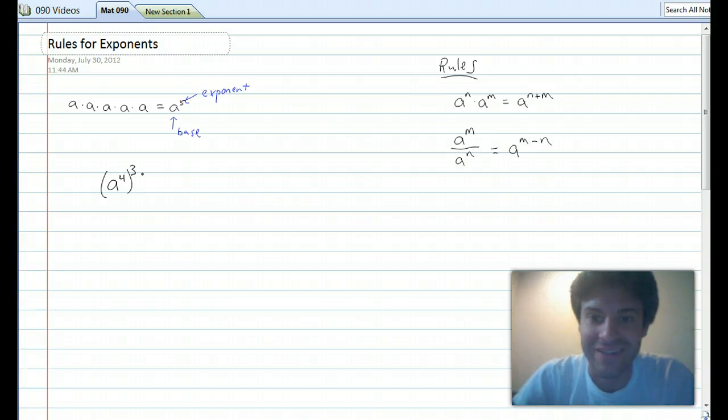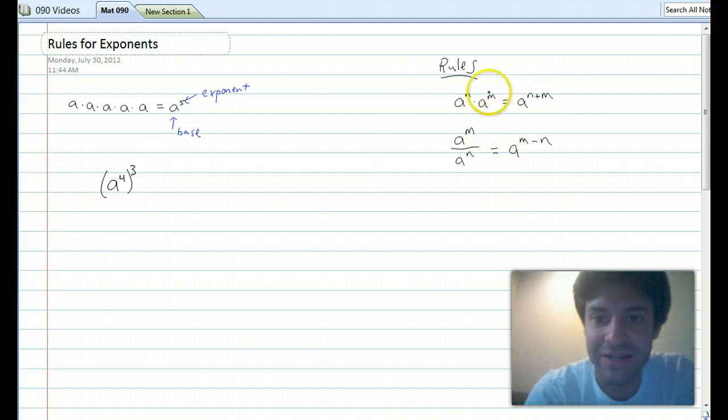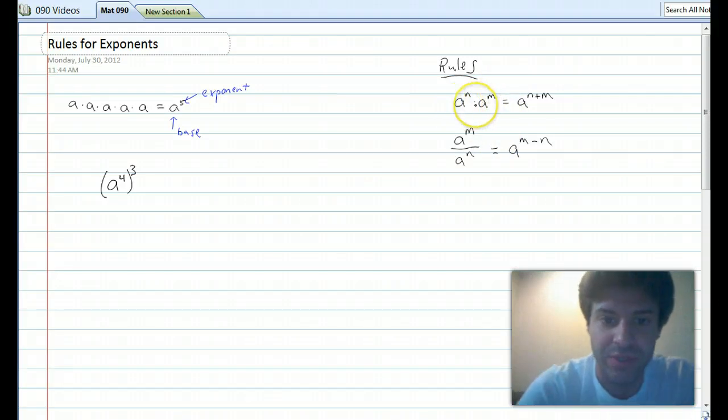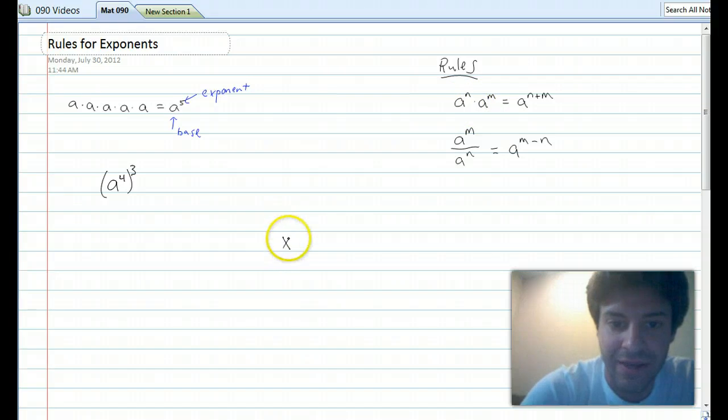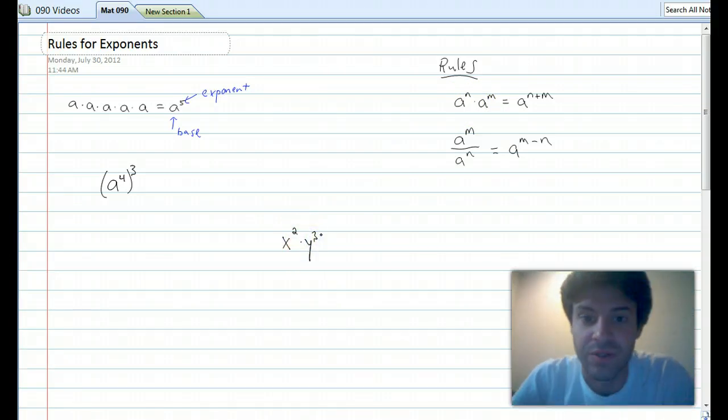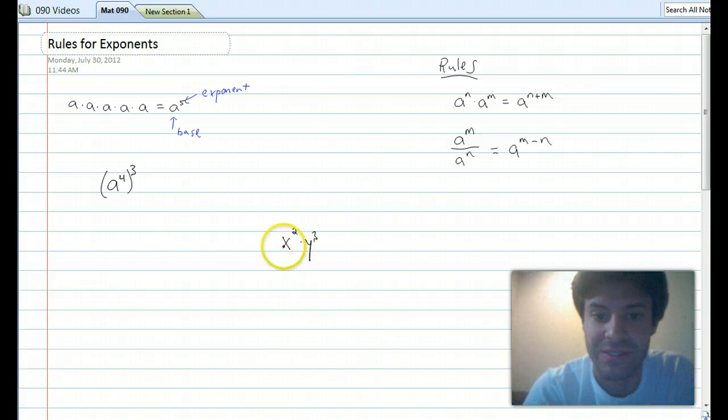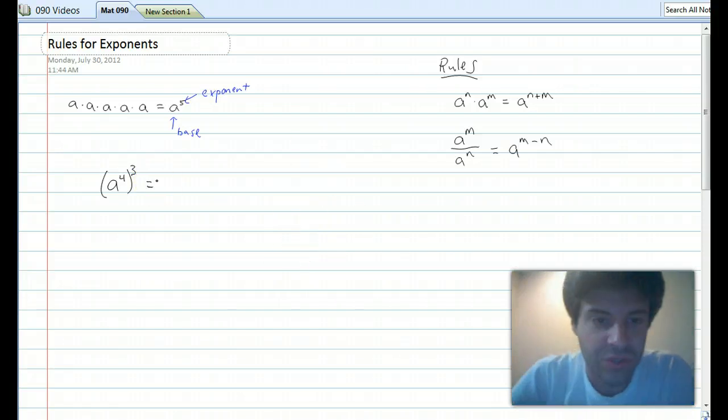The other thing I want to point out is that these rules actually only work if your bases are the same. So as a really quick example, if you had x squared times y cubed, there's nothing you can do to that. You can't combine these 2 things because they have different bases. Okay, let's keep going. A to the 4th cubed.